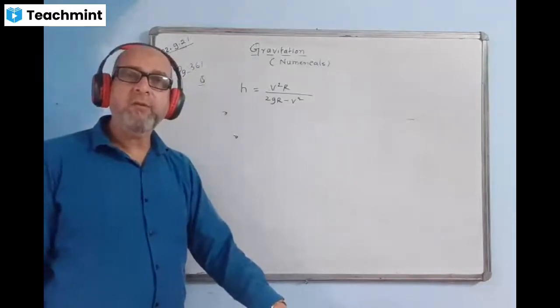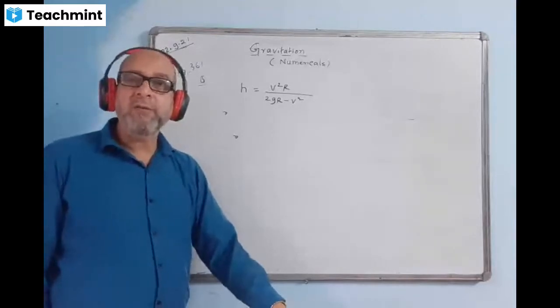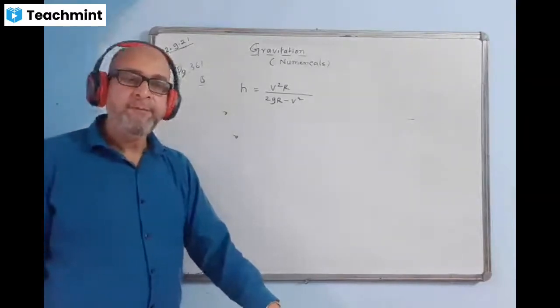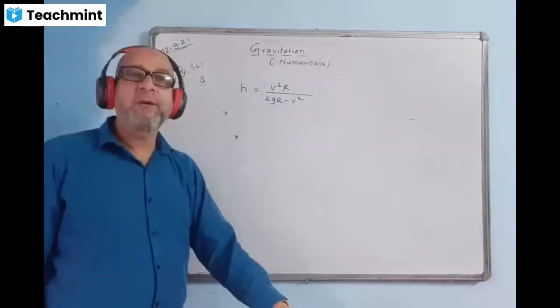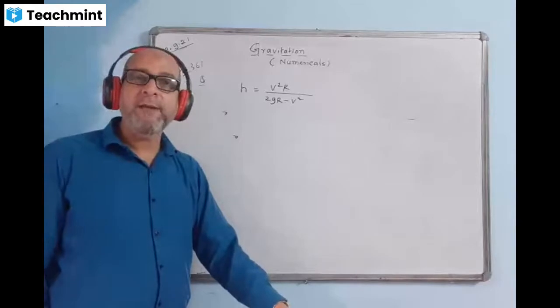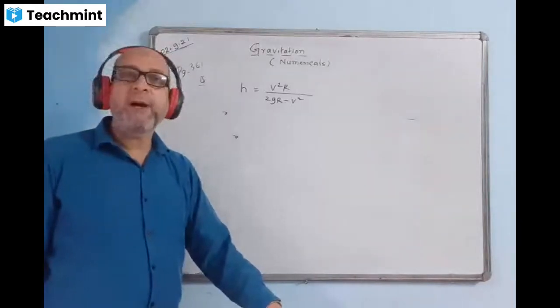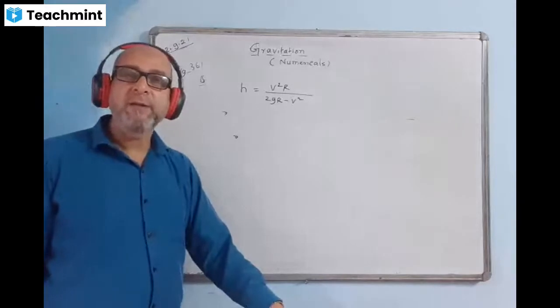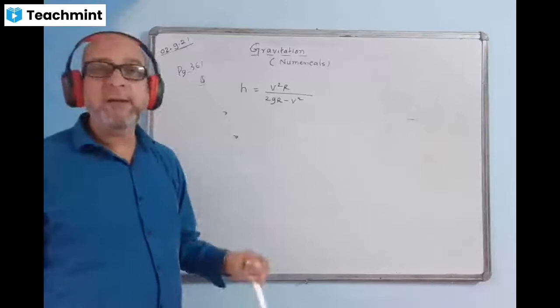Root GR, square root of GR for satellite close to the surface of the Earth. Can you see that part? And after that, what formula? How did I change to omega, 2 pi by T, and all those time period? Time period formula now becomes 2 pi square root R by G, capital R divided by G. Do you see that? And I wrote the answer there also. How much answer did I write there? Just check.